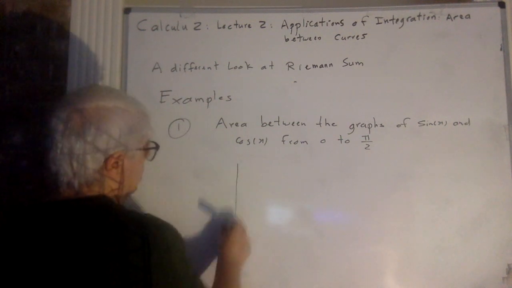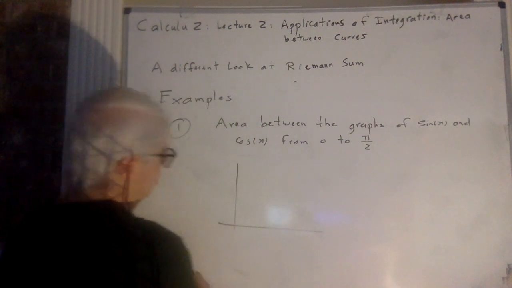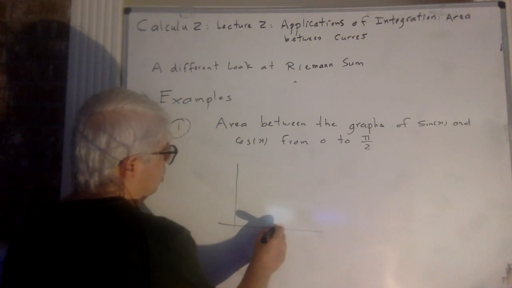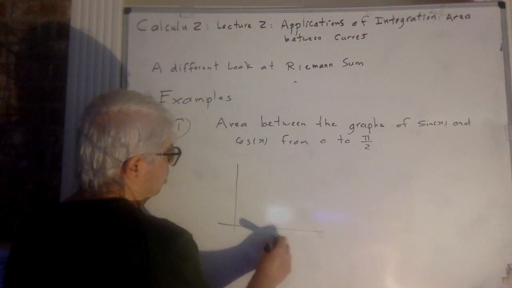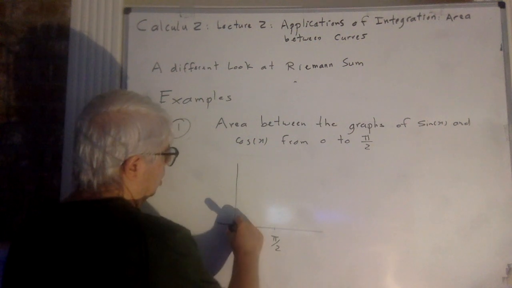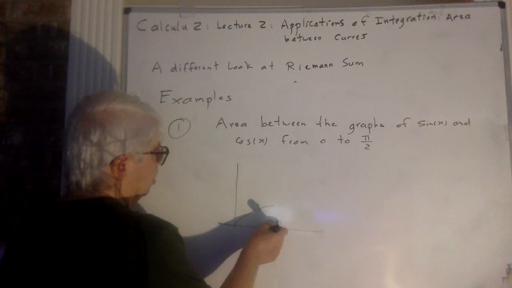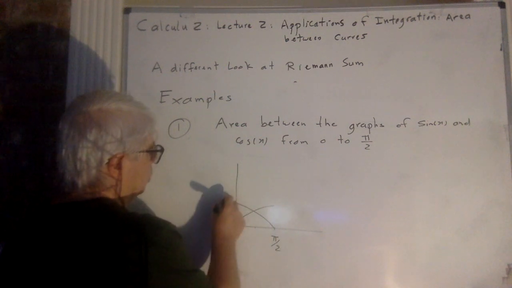Well, you can use your graphing calculator to find it. So let's say this is pi over 2, and sine and cosine. So this is point 1.